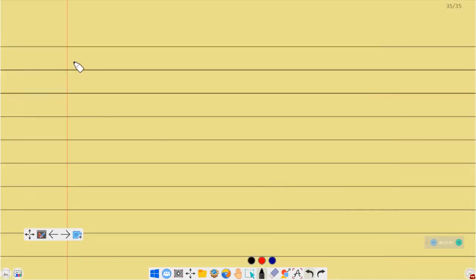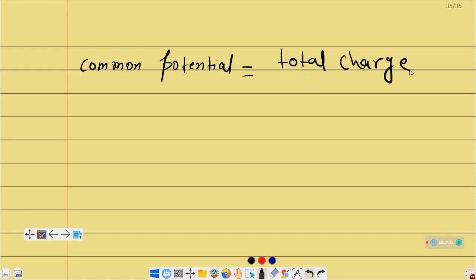It is the total charge upon the total capacitance.